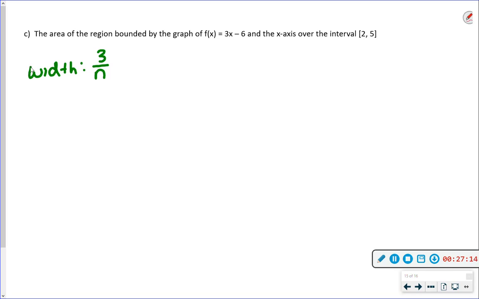Height is a little dicier. Because that's where you're evaluating your function, so don't forget the f on it. We're going to put this in our function. Now, our starting value of our interval, we're starting at 2. And we're going to add to it, of course, our width here, this 3 over n with the i. Now, we need to actually evaluate that function.